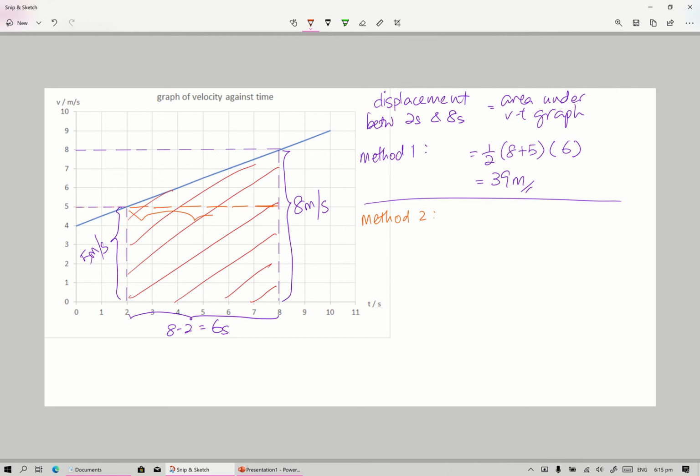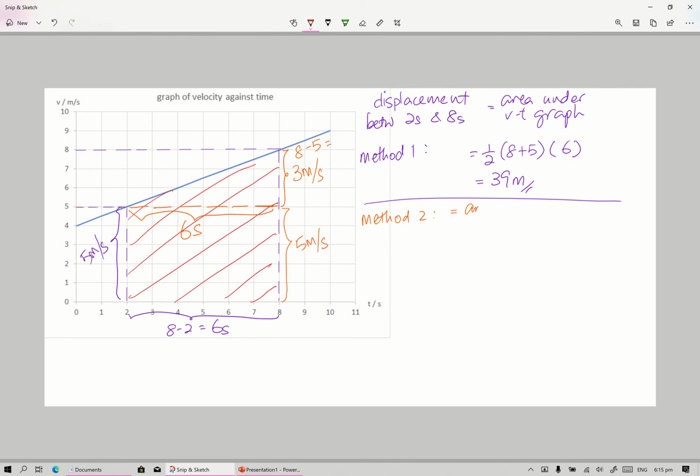And this triangle here has a base of 6 seconds. From 0 to 5, you have 5 meters per second. From 5 to 8, you have 3 meters per second. Okay, 8 minus 5 gives you 3 meters per second.